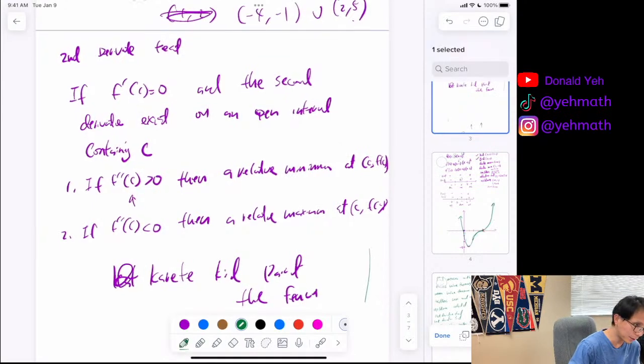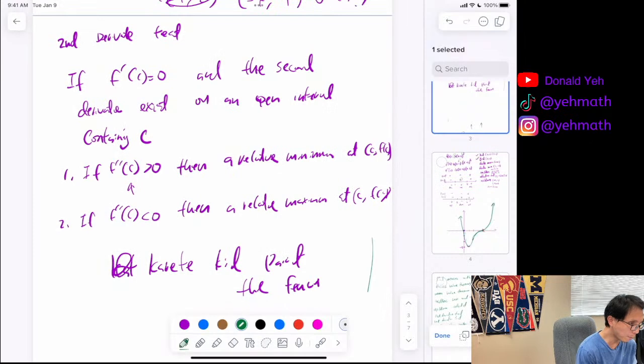So the second derivative test says if f prime of c is equal to 0, and the second derivative exists on an open interval containing c.